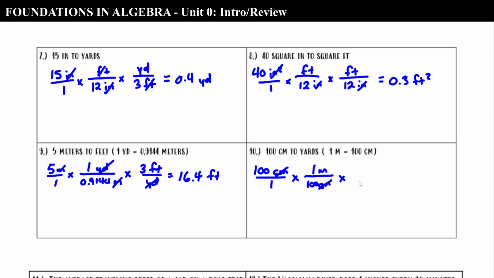But now we have to get from meters to yards. Well, we know from the previous one, 1 yard is 0.9144 meters. So our meters are going to cancel, and when you do that math, you're going to get about 1.1 yards.